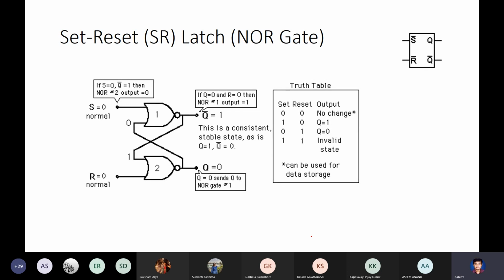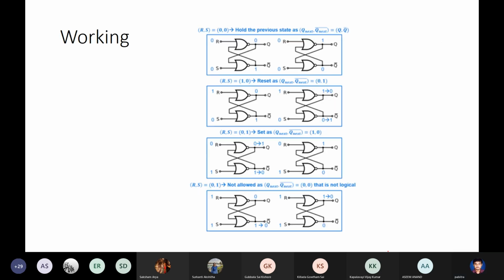In fact, this is not a truth table, this is actually an excitation table, I should call it. This is the excitation table for the NOR gate based SR latch. I have already explained the different transitions and how they happen.